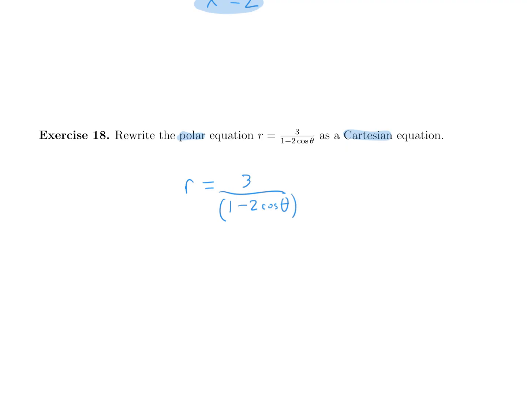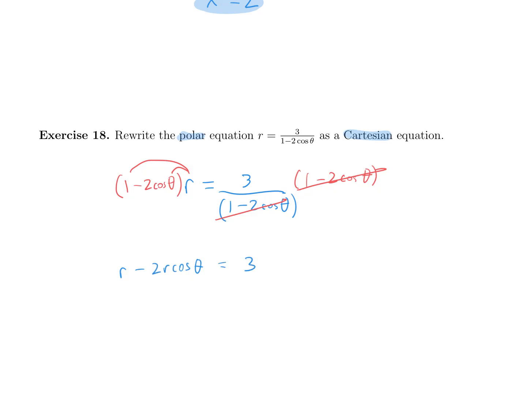Multiply both sides of the equation by the denominator like we usually do. Okay, these are going to cancel out. All right, and we are going to have to distribute the r. So once you distribute the r, you should get r minus 2r cos theta equals 3.